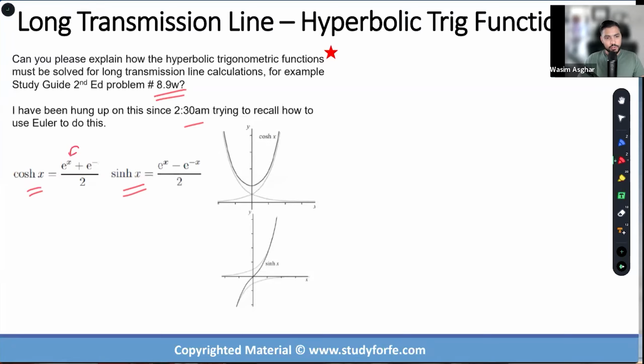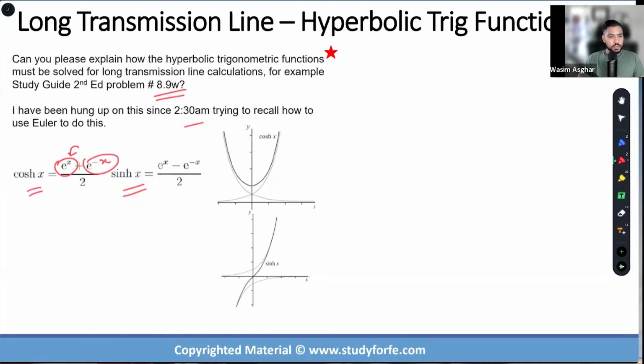If I introduce a number in place of x, and this is minus x, then this is simply a real number, an exponential, 2.718 raised to the power of whatever the number is. Are you following me?